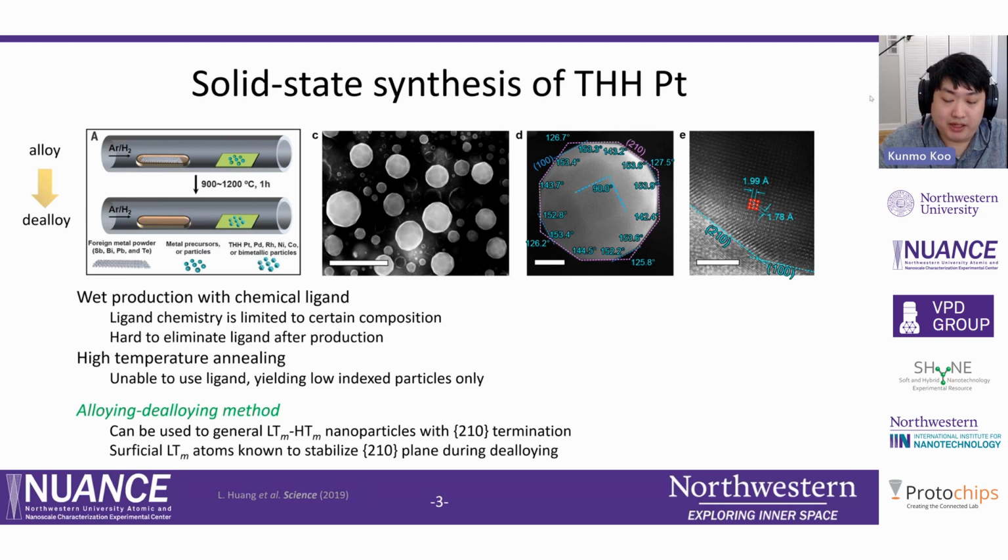The alloying de-alloying method, which we have studied in this work, was developed a few years ago, and compared to the conventional method, it is ligand-free and can be adopted to a wide range of material systems and their precursor states. The key point of this process is the facet stabilizing effect of the foreign element at the surface of the nanoparticle.